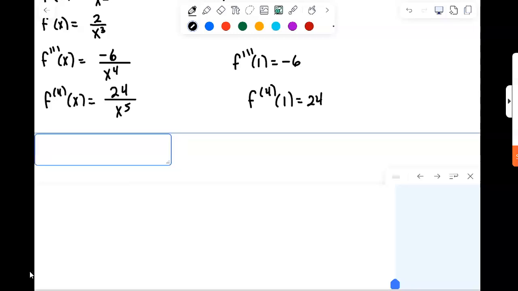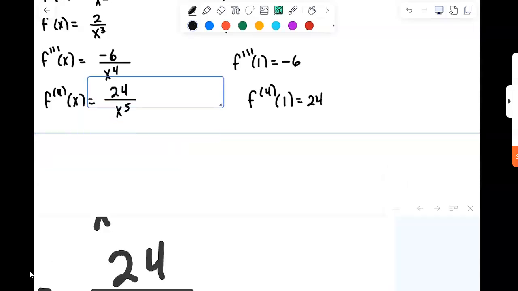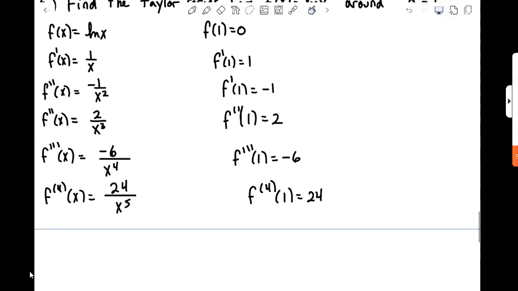In general, I want you to notice a few things here to see what the pattern is. We have an alternating sign first of all. Let me make sure I'm not missing something here.